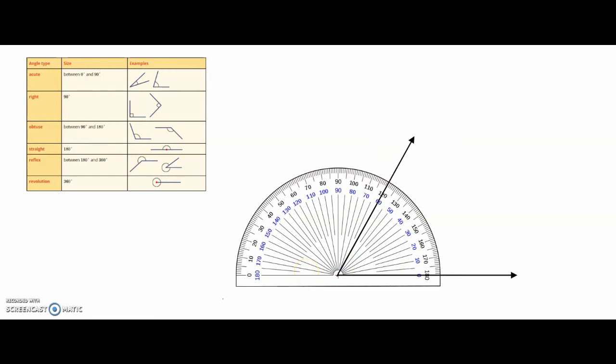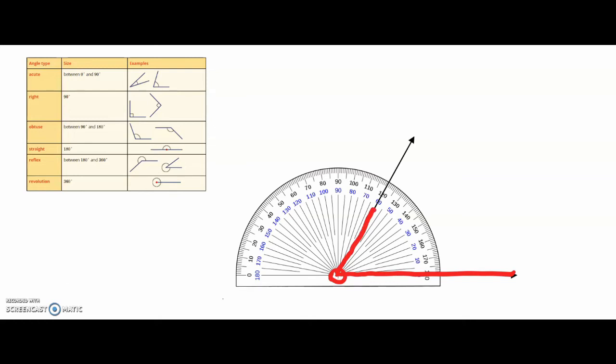You'll also notice that the middle point of my protractor is exactly where our two angles meet. So we have our bottom intersecting line running across the 0 line, which means all we need to do is follow our other intersecting line up until we're able to read what angle it's on.